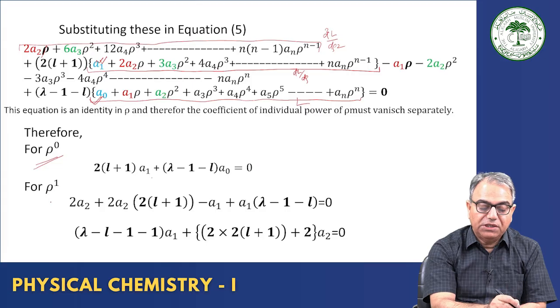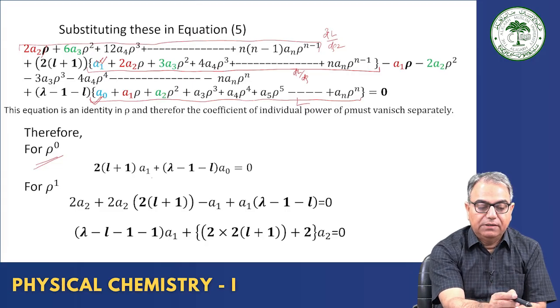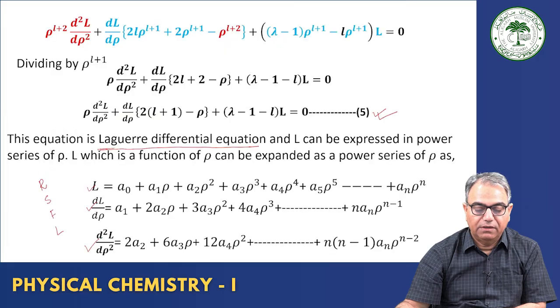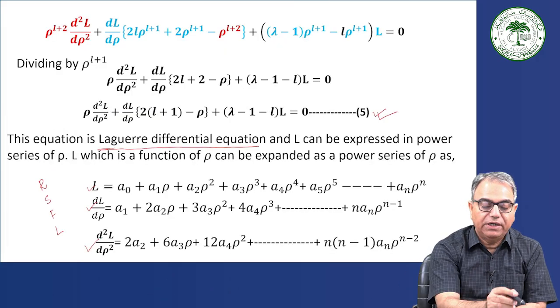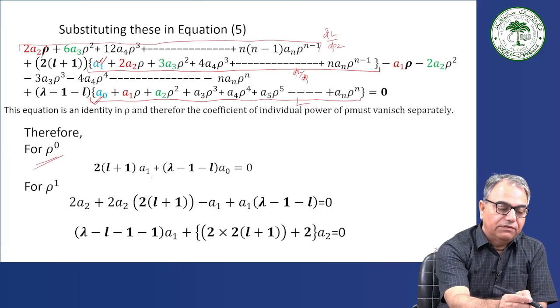What about the second coefficient, of rho raised to the power 1? If I go back to equation number 5, rho is already there, so it should be there.